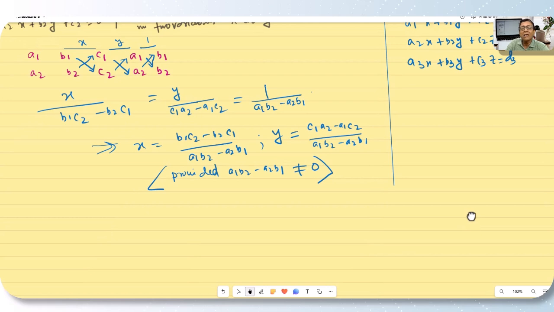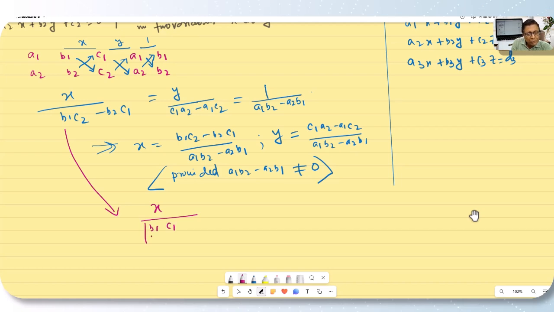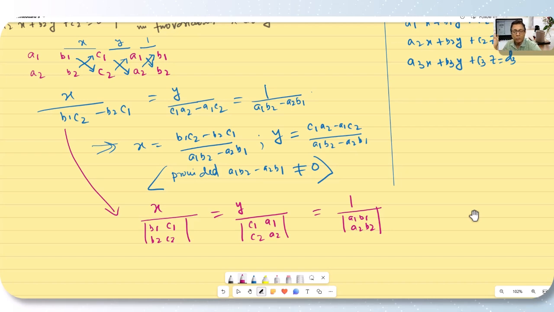Now if we go back to this solution part and write it in a slightly different manner: x by the array b1 c1, b2 c2, y by c1 a1, c2 a2, and then 1 by a1 b1, a2 b2. Is there any difference?